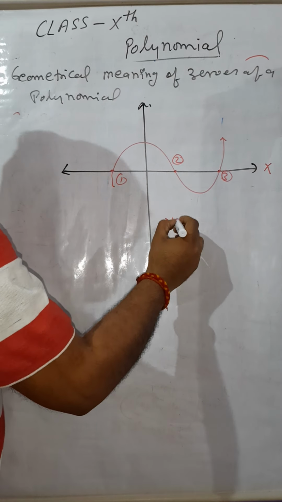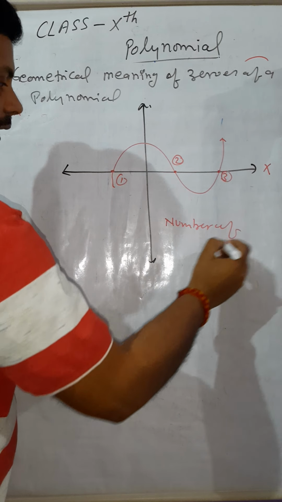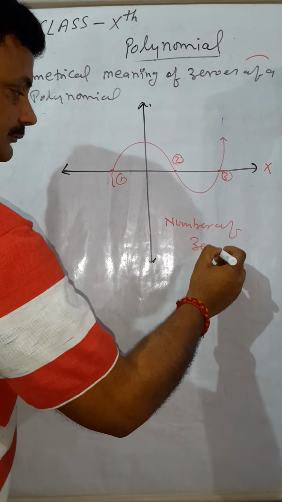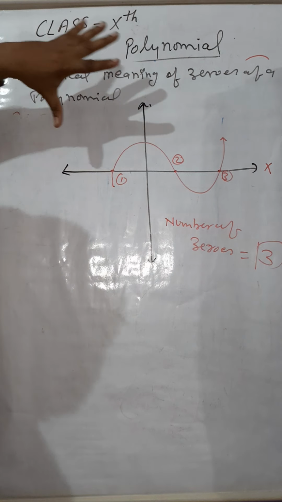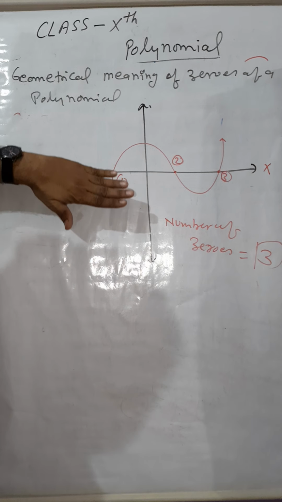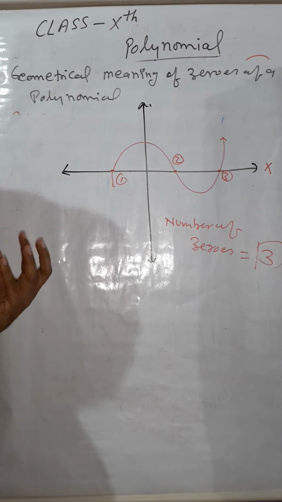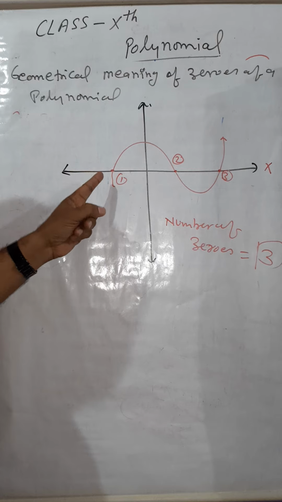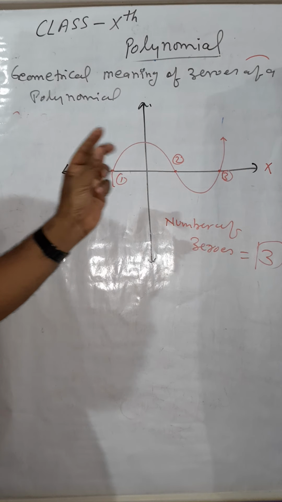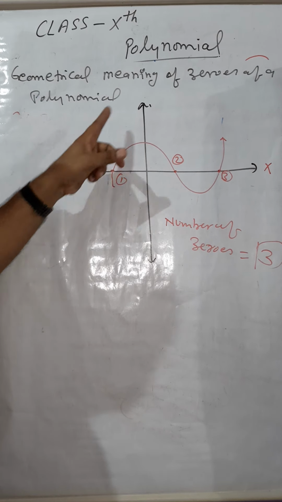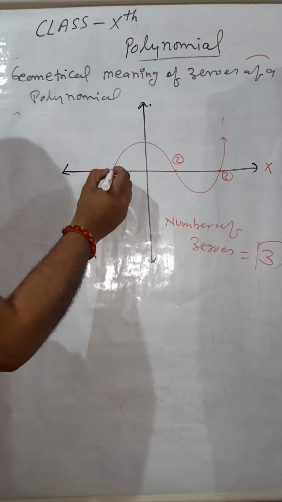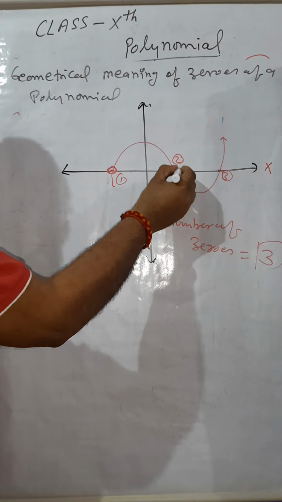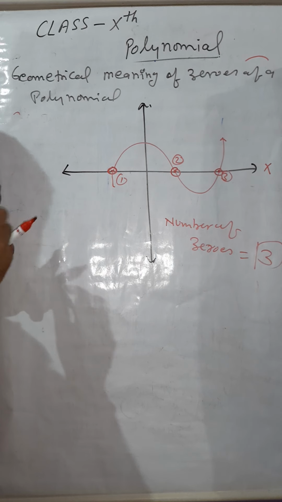So the number of zeros is equal to 3. So whenever a figure is given and they are asking to find the number of zeros, we should look at where the graph intersects the x-axis. At how many points the graph intersects, that much number will be the number of zeros, and this point will be the value of the zero. So is this clear?